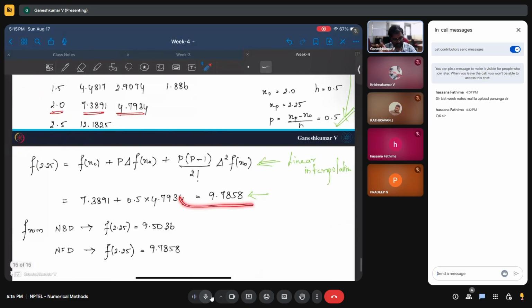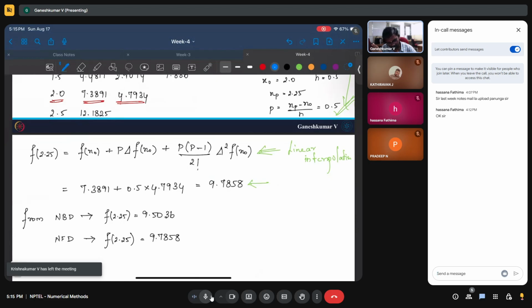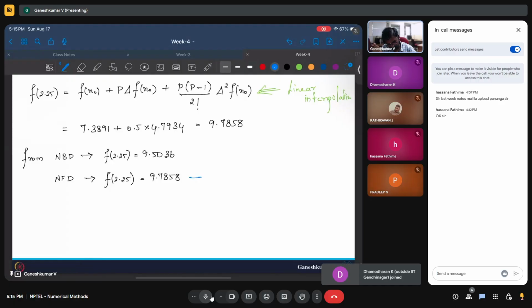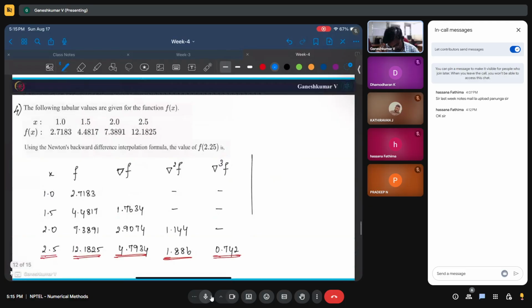Okay, and that is what we get, but the forward difference is a little bit erroneous. So this is more erroneous than Newton backward difference.